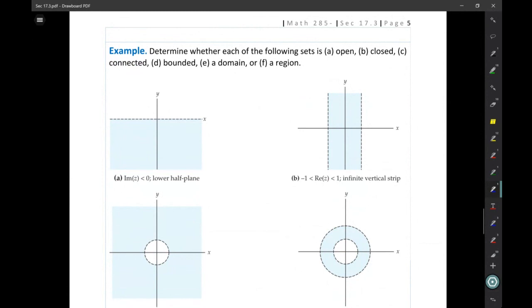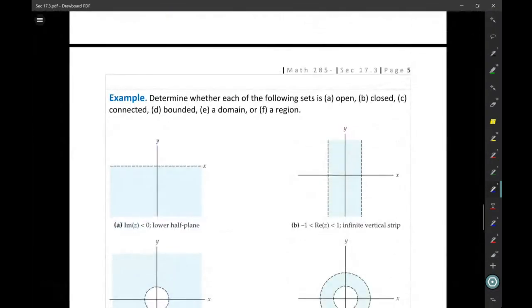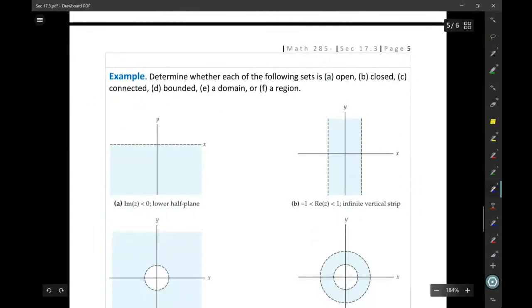Now let us see which one of those is open, closed, connected, not connected, and so on. Maybe we'll take 5 minutes of your time. First of all, this is the graph of imaginary Z less than 0, the lower half plane.